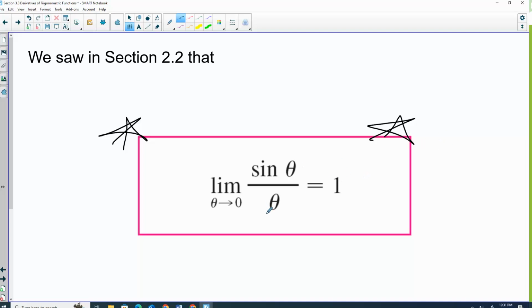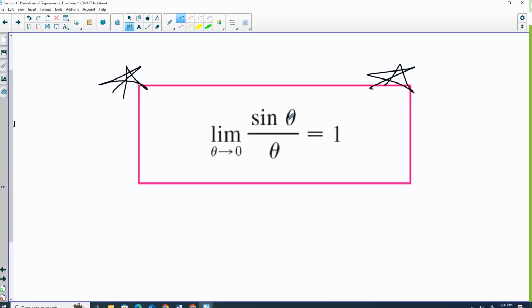It turns out that as long as theta is approaching 0, so as long as it's sine of 0 over 0, this is true. So if I said the limit as theta approaches 0 of sine 2 theta over 2 theta, that's also going to equal 1.